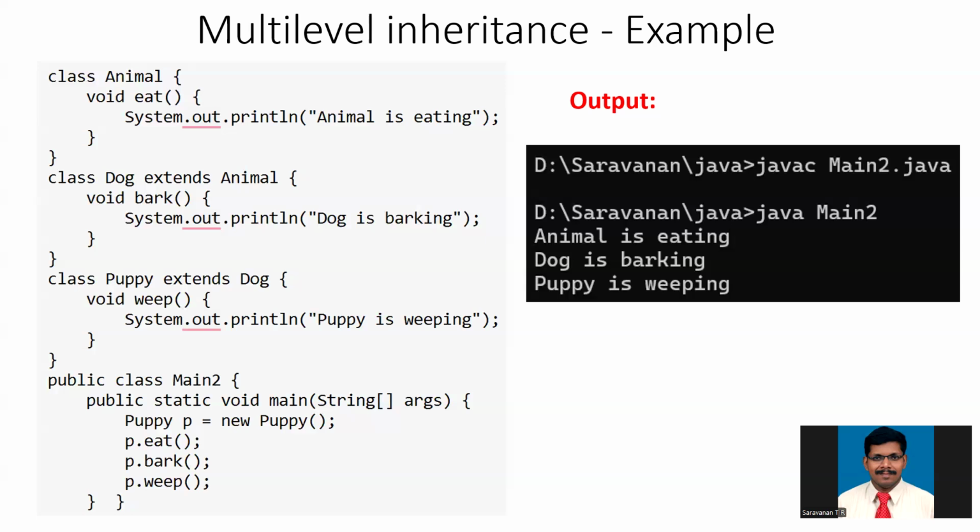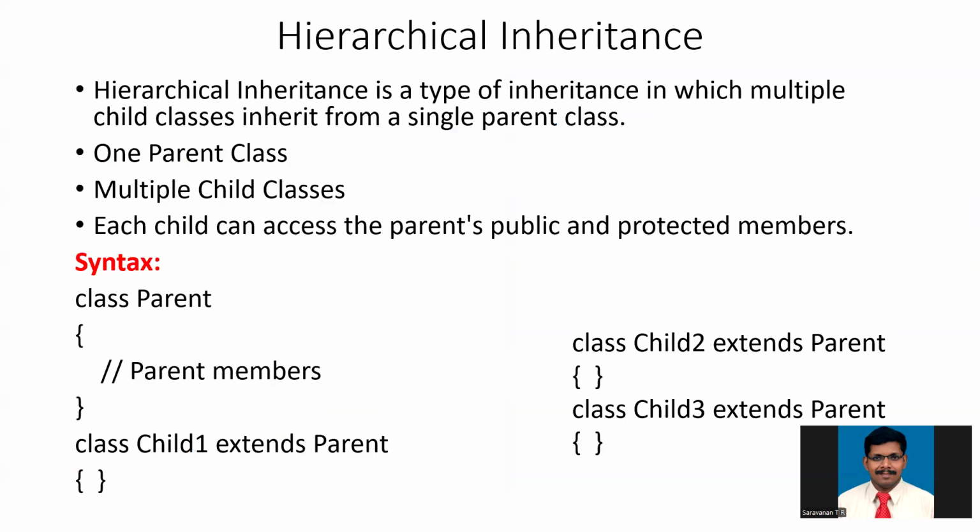Now we can go to the next inheritance type, hierarchical inheritance. Hierarchical inheritance is where multiple child classes exist.